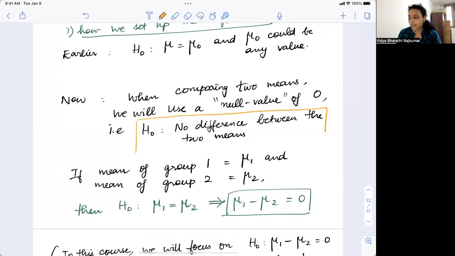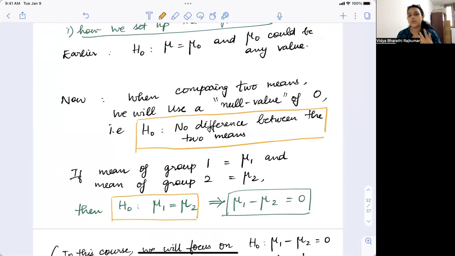How will we formally write this down? If the mean of group 1 is referred to as mu1, and the mean of group 2 is mu2, our null hypothesis will be that the two means are equal to each other. That is the status quo we are defining. There is no difference between the groups, they're equal to each other. We'll write down our null as mu1 is equal to mu2. In other words, mu1 minus mu2 is equal to 0.